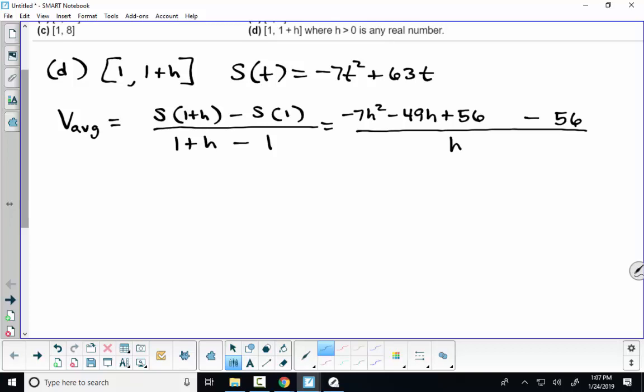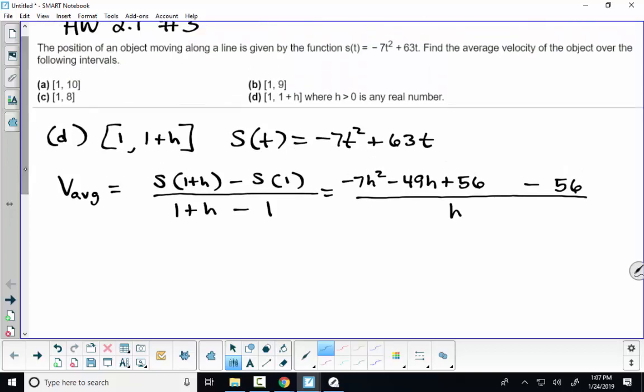Okay, so just take note of what's happening here. Parts A, B, and C, they're not terribly small intervals. I mean, they are, in a sense, as we progress, we're getting closer to 1. But it's not like the example we did in class where it was like 1.5 and 1.1 and 1.001, right? So, in effect, if we wanted to compute the instantaneous velocity, we would have to compute what kind of limit?